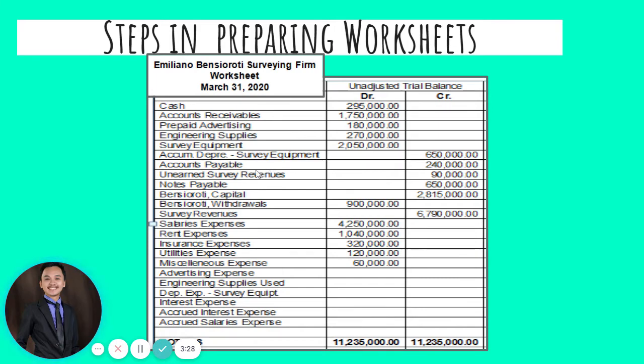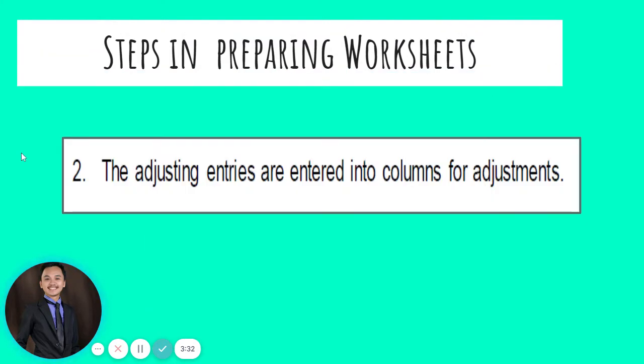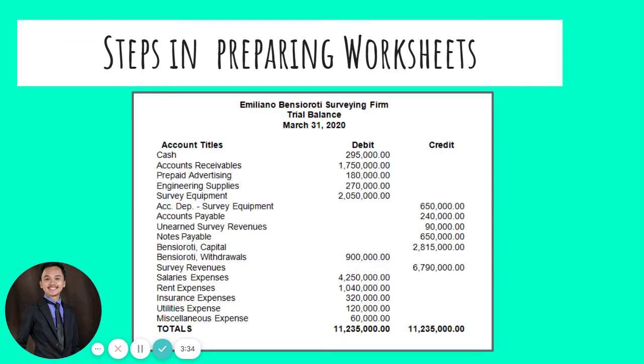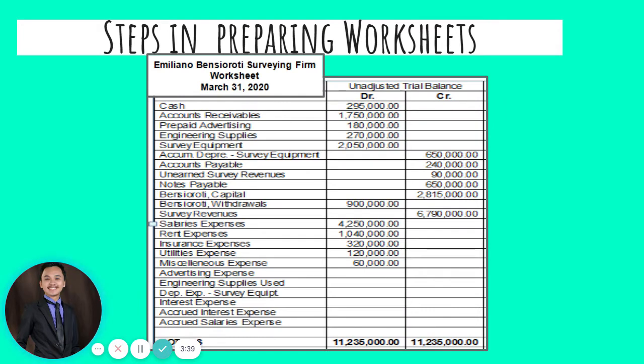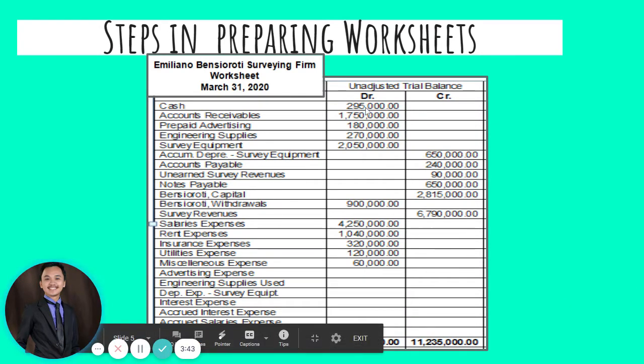We simply copy whatever is in our trial balance to the first 2 columns, from cash of 295,000 up to miscellaneous expenses of 60,000.